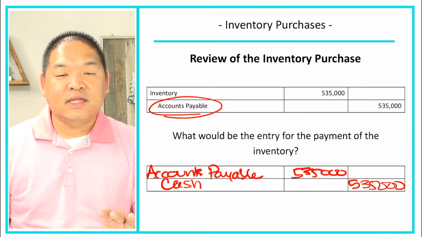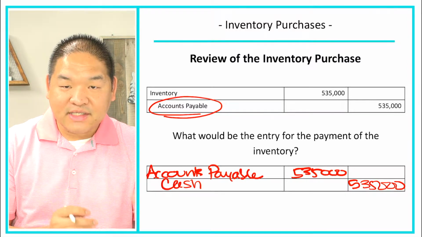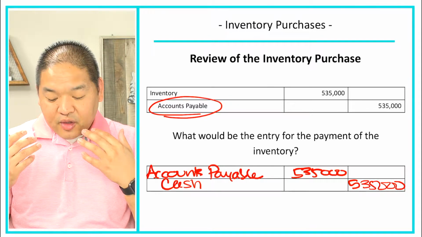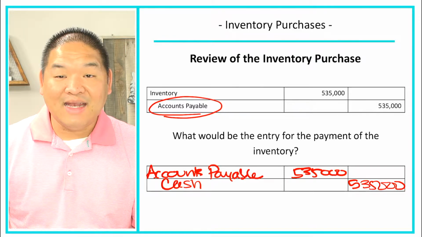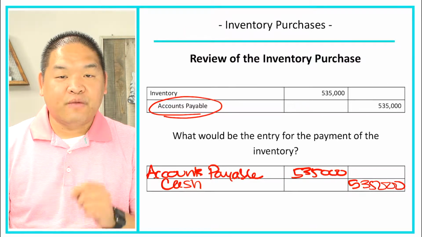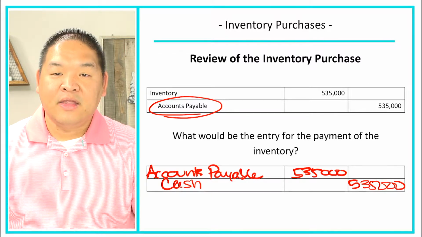A lot of students think that when they pay it, it is an expense. It's not an expense until we sell it. Or sometimes when we ask what the entry would be for the payment of the inventory, they debit inventory again and credit cash. That's not what we're supposed to do. We're just supposed to reverse the liability with the cash that we use to pay that bill.